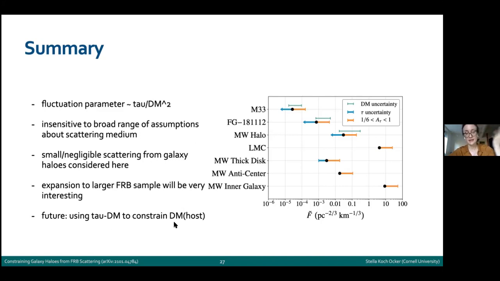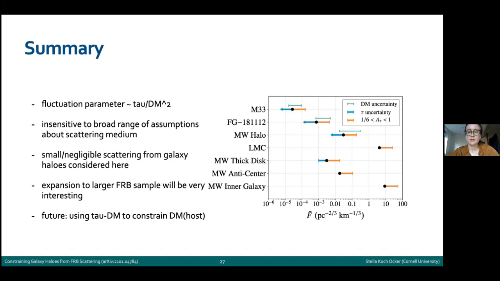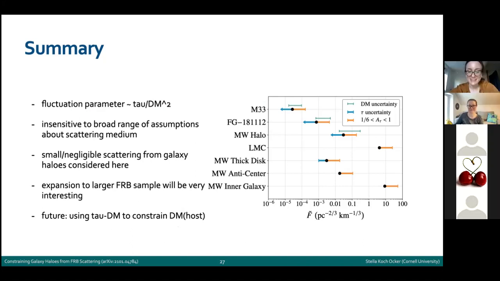And one of the things that we're finding for the FRBs that we're looking at is that in most cases, the FRB scattering seems to be dominated by the host galaxy and by the Milky Way galaxy. So yeah, that's it. I would be happy to take any questions.